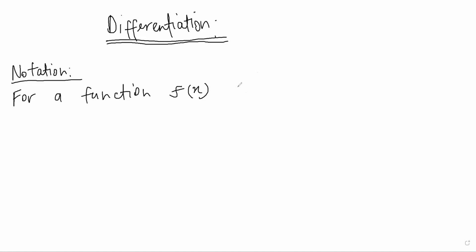So for a function f of x, we have the following notation for the derivative. We've got f prime x. So f prime x denotes the derivative of the function f. We have a function f of x, and its derivative is denoted with an f prime x.